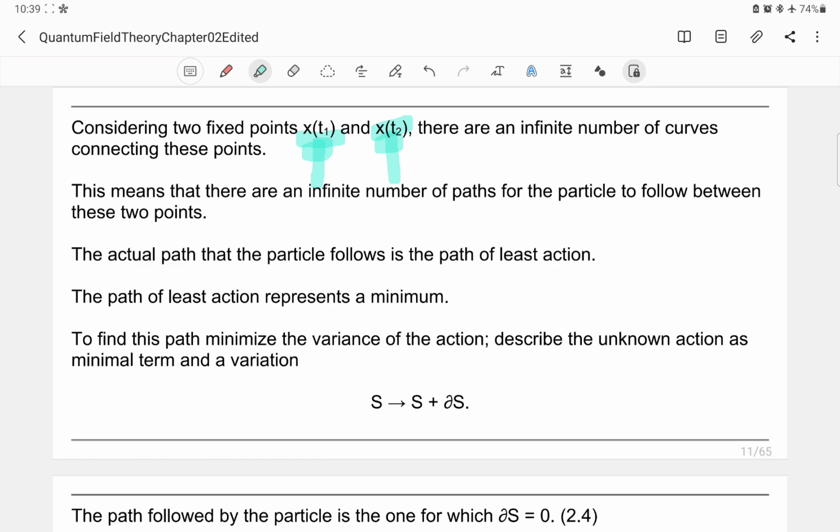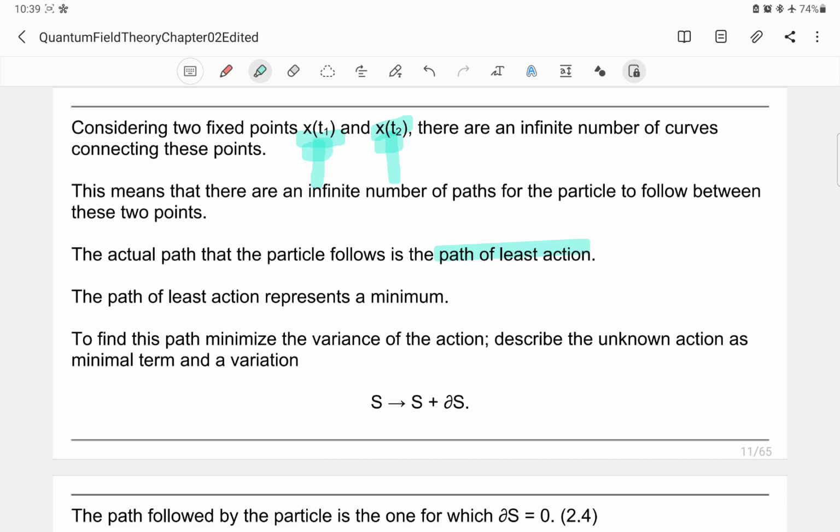But the actual path of the particle is the path of least action, which represents the extremum, the minimum.